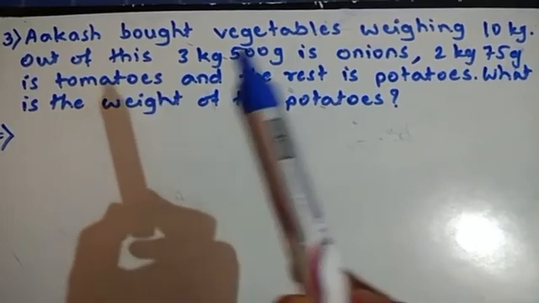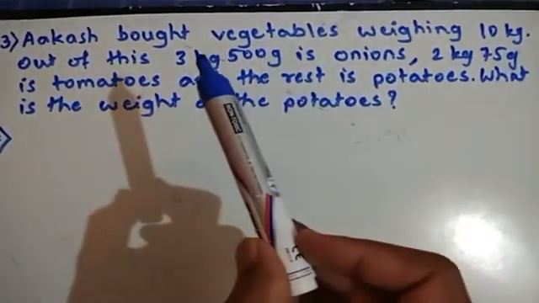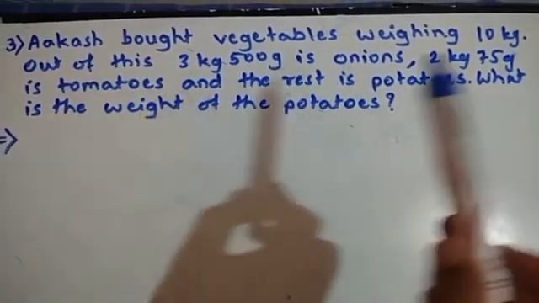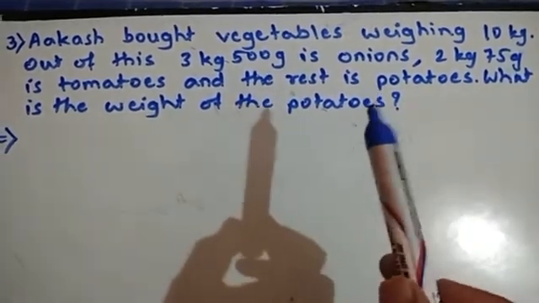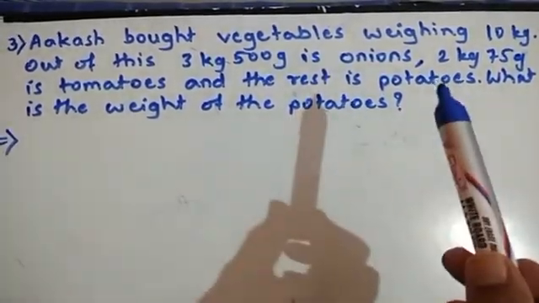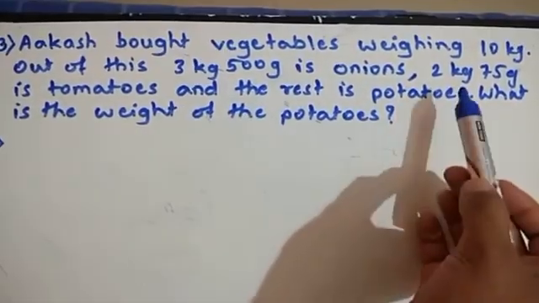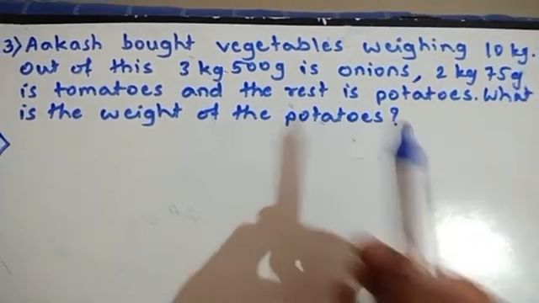And we need to find out the weight of potatoes. So when we'll add the weight of onions and weight of tomatoes, and when we'll subtract that sum from total weight of vegetables, then whatever weight will remain, that will be the weight of potatoes. Therefore first you add these two numbers and then subtract that answer from 10 kg. You will get weight of potatoes.